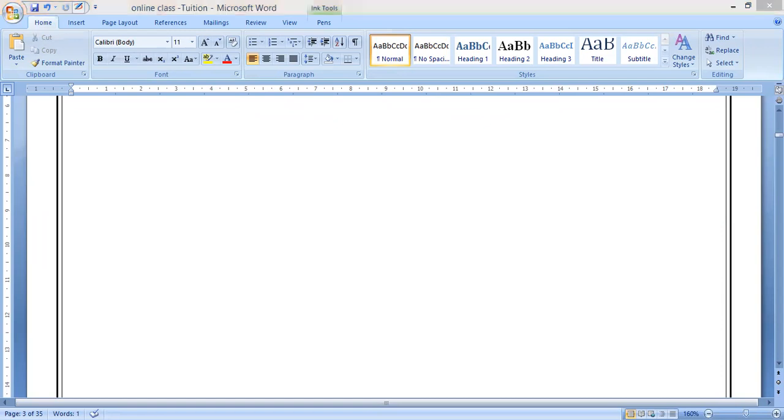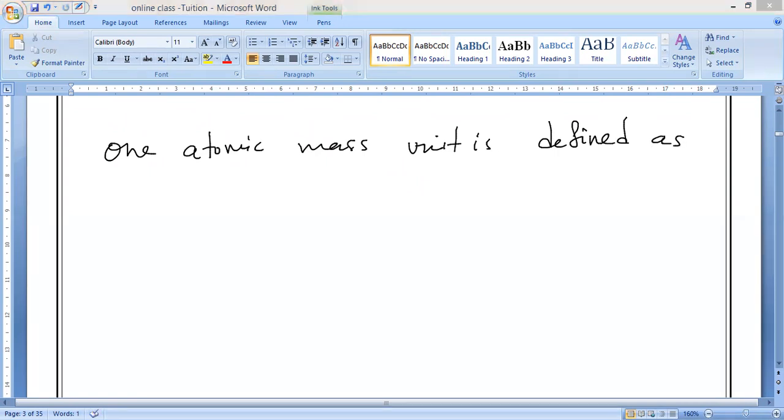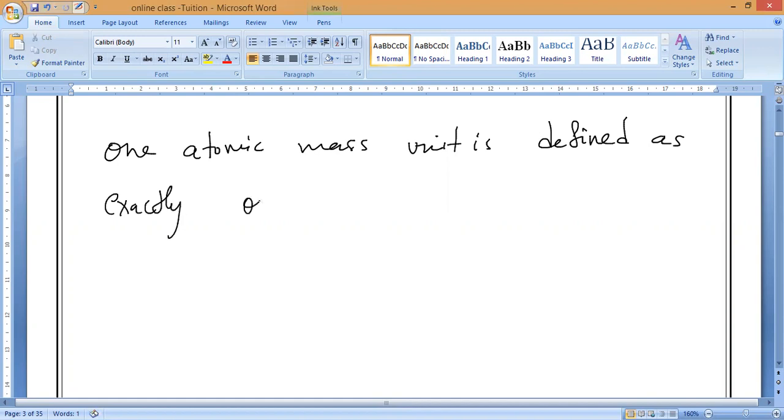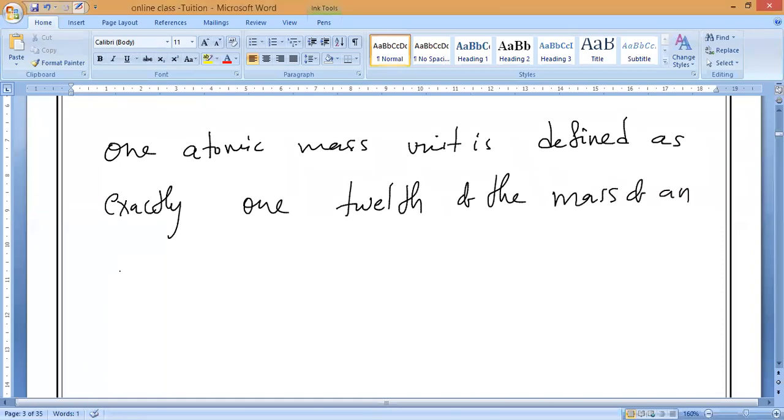Right. Definitely. 1 atomic mass unit is defined as exactly 1/12 of the mass of an atom of carbon 12.